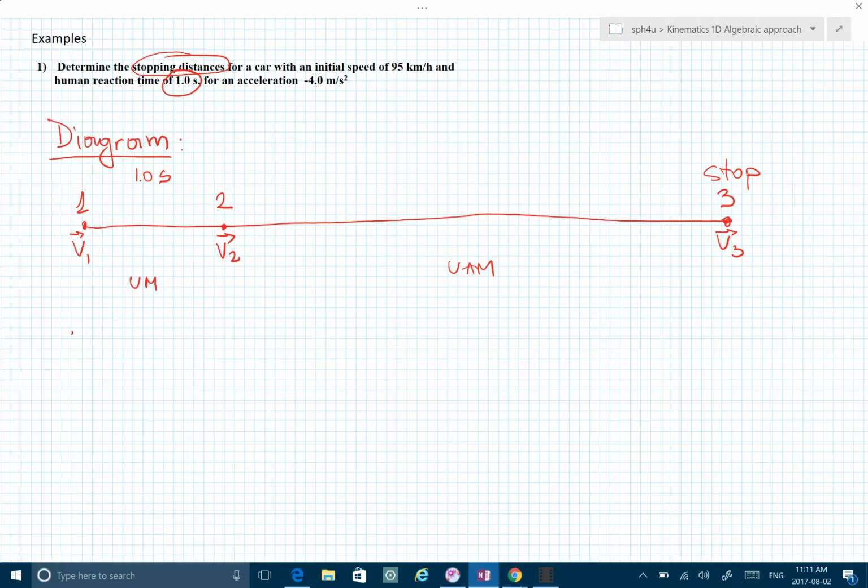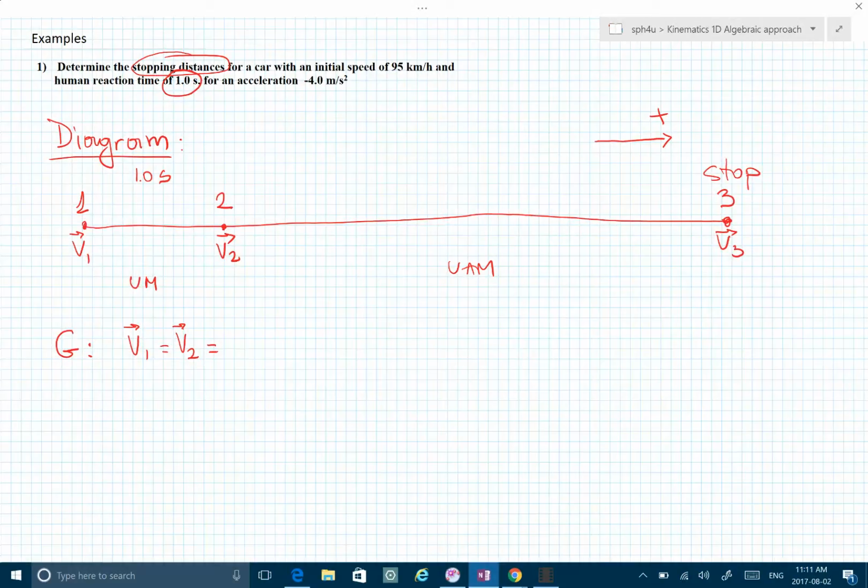So let's start. What is given to me: the initial velocity, V1, which is the same as V2, is 95 kilometers per hour. Before I write, since I'm dealing with vectors, I have to make a choice about the direction, and I'm choosing to the right to be positive.